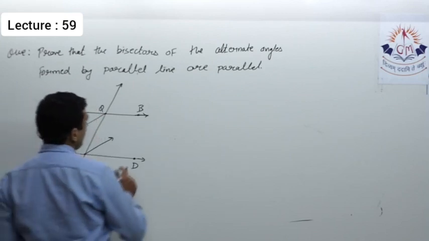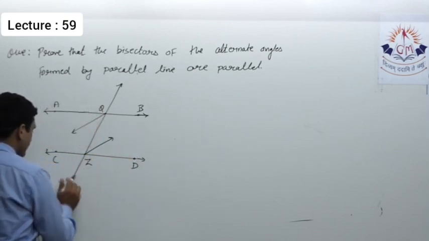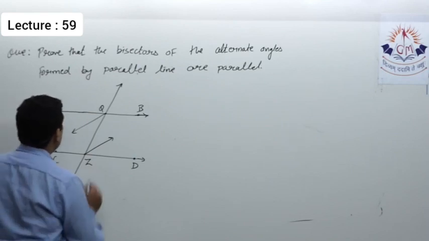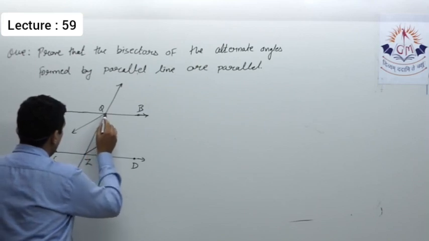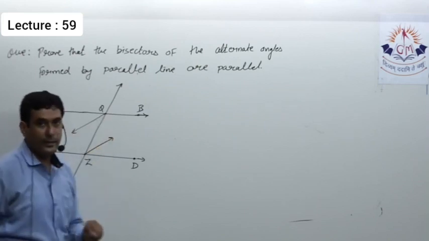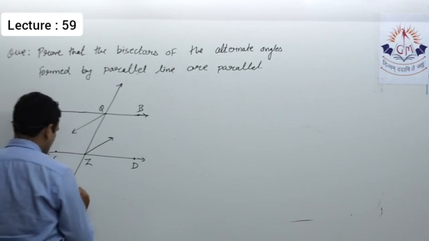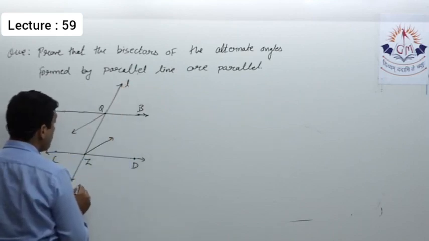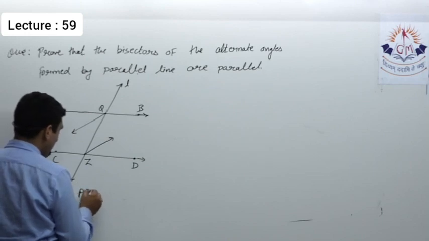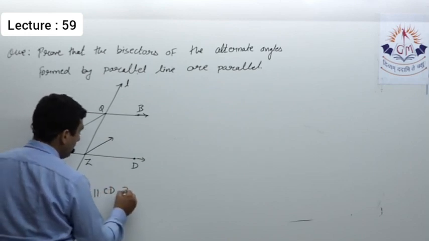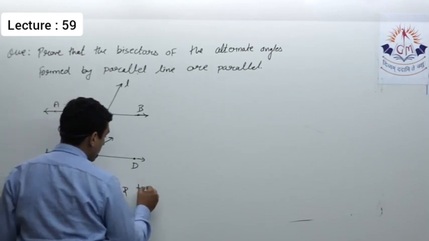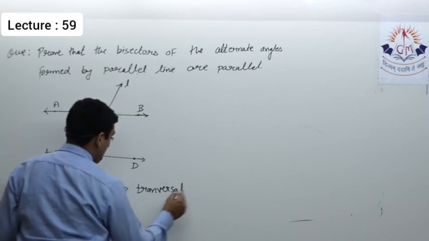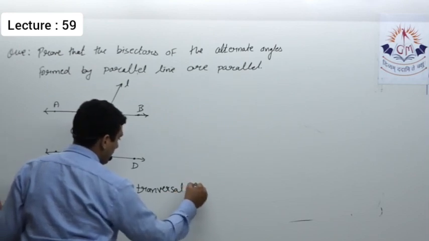So here we can write what is given. Given AQZ and QZD are alternate interior angles, and let this transversal be L. Given AB parallel CD and transversal L. That is given.